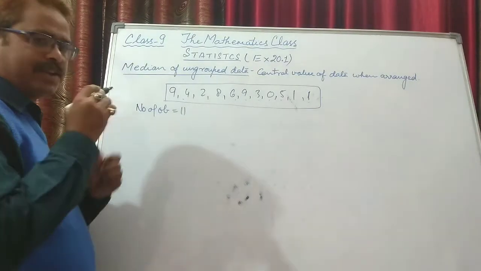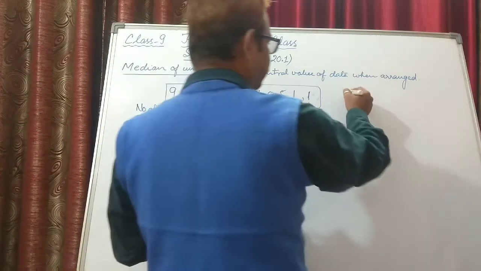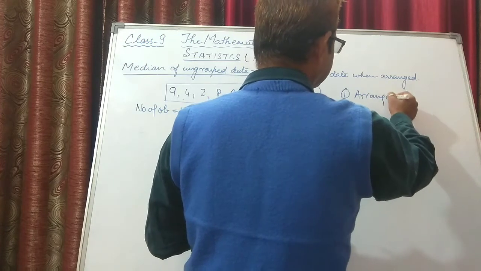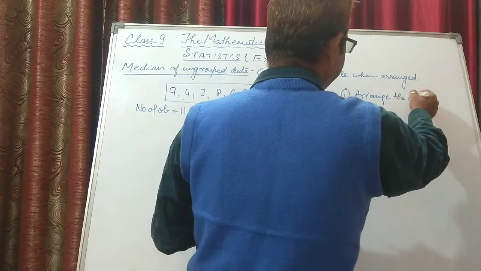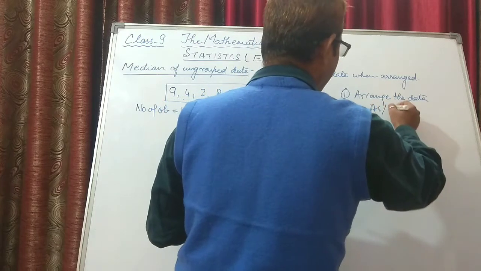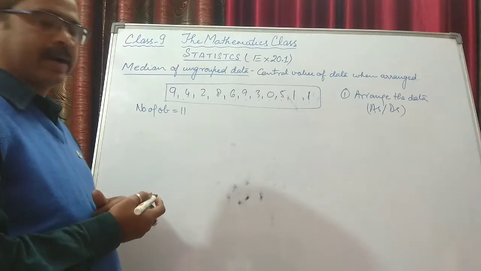First of all, we arrange the data either in ascending or descending order. Very first thing we are going to do is arrange the given data. In which order? Ascending or descending. Whichever you feel is easy, we will do that.